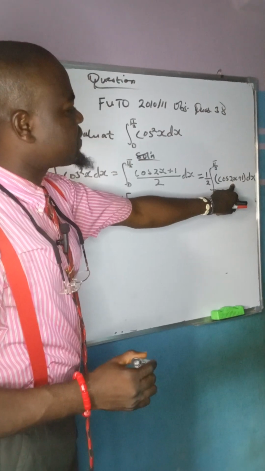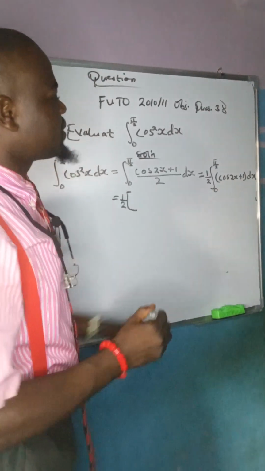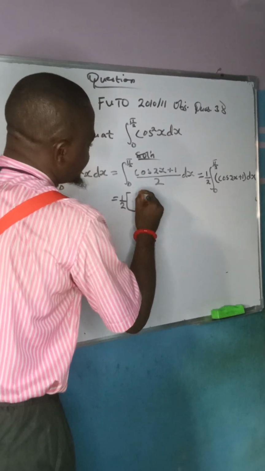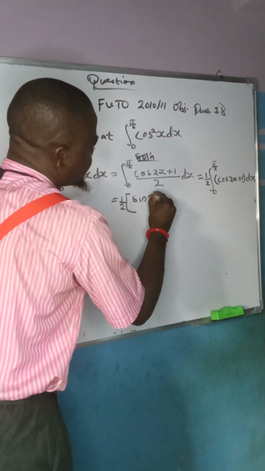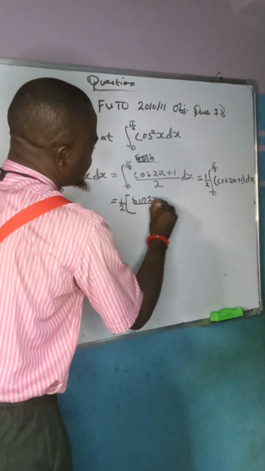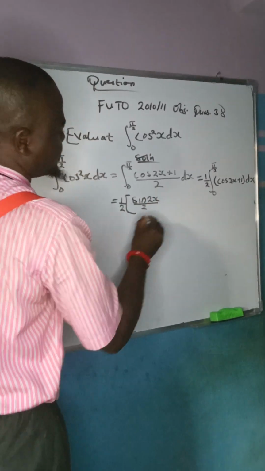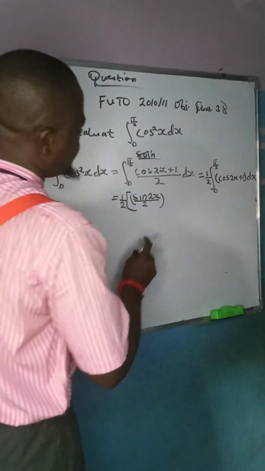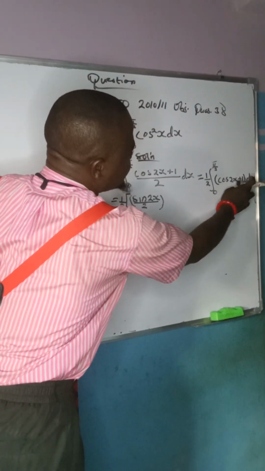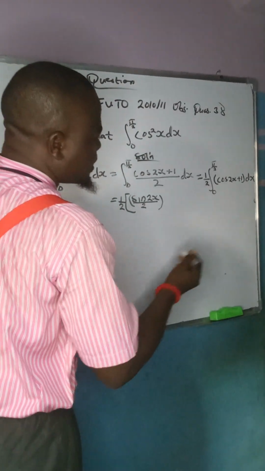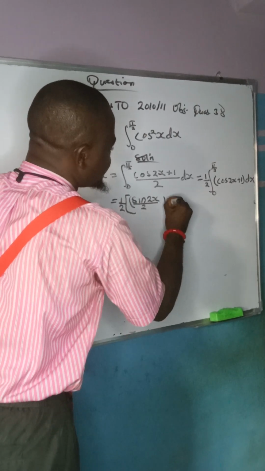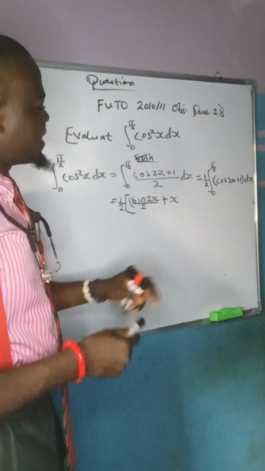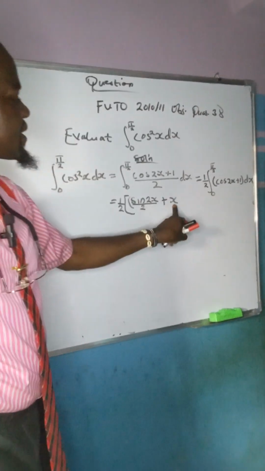1 over 2 times the integral of cos 2x. If you integrate cos, you have sine. Since there's 2 here, the 2 will be down. I have sine 2x over 2, right? Then if you integrate 1, you have x.